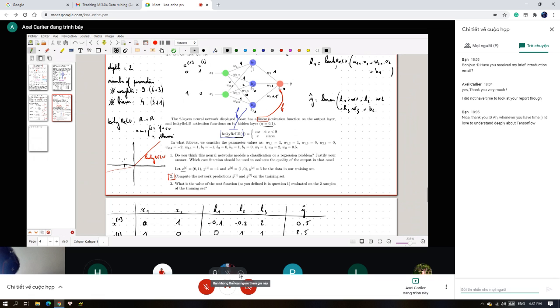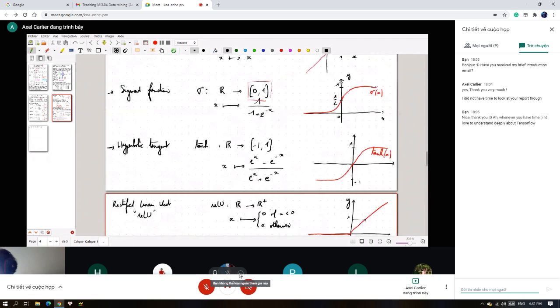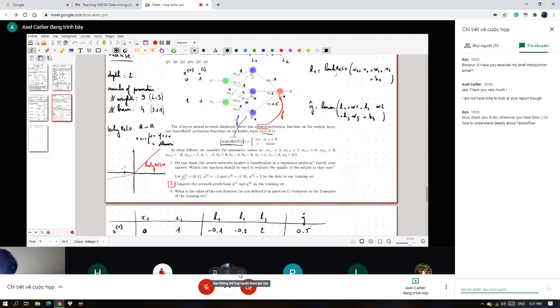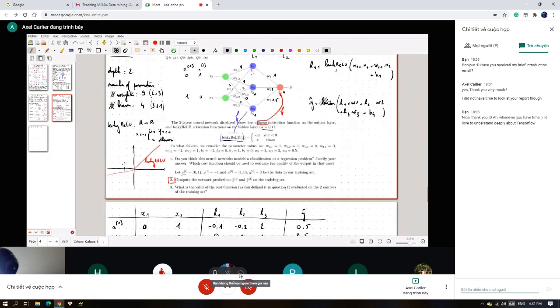And remember, linear is exactly the identity. So linear means x gets x. So in fact, we don't need this. It's exactly this value.